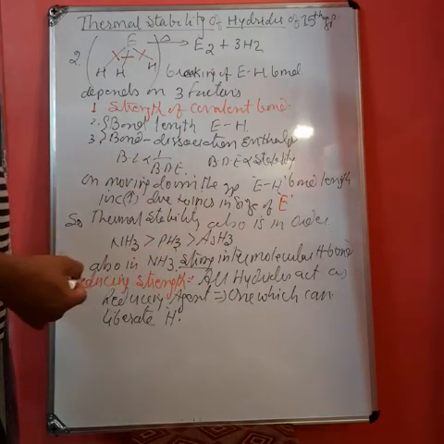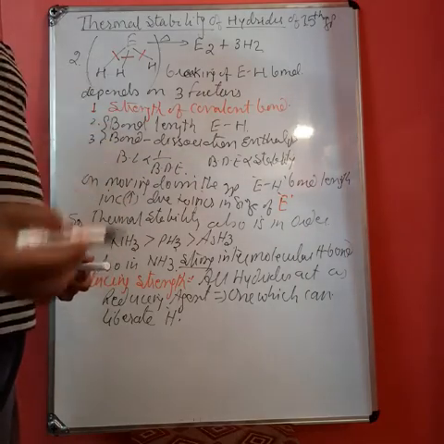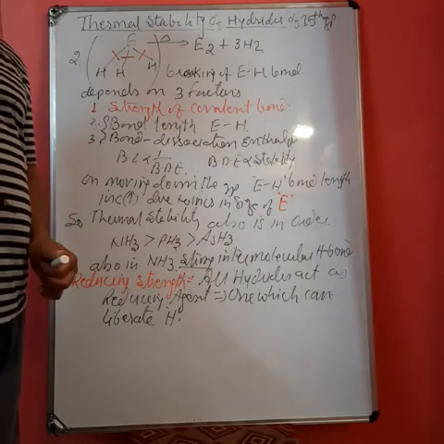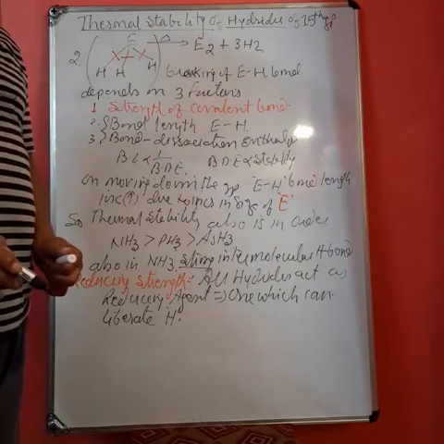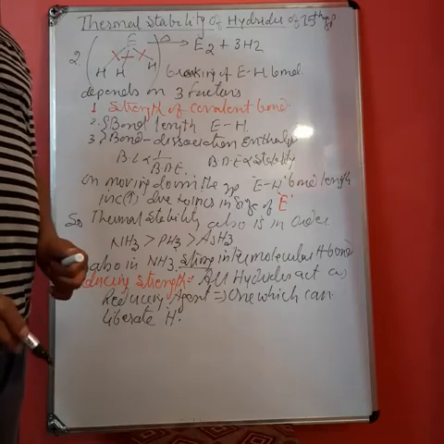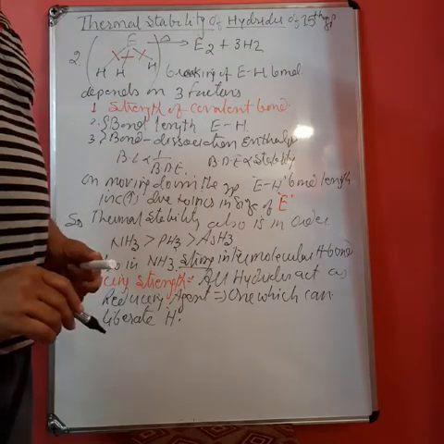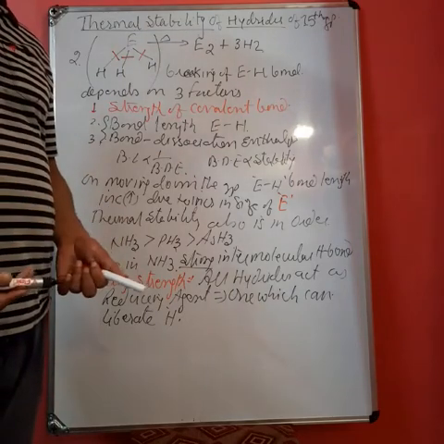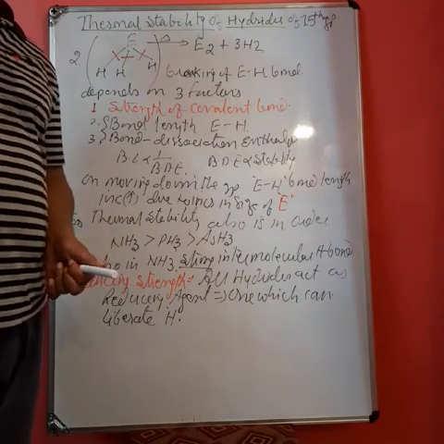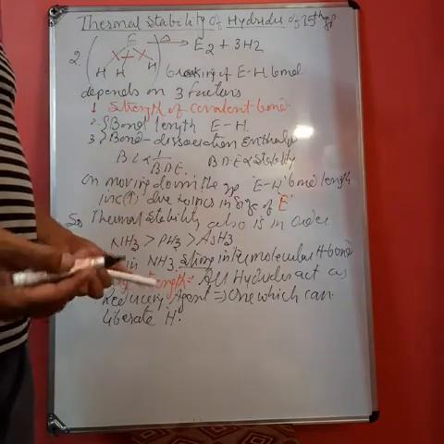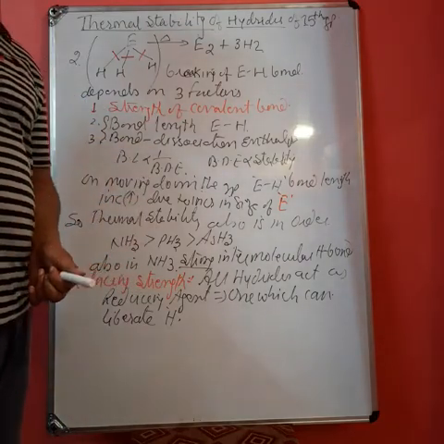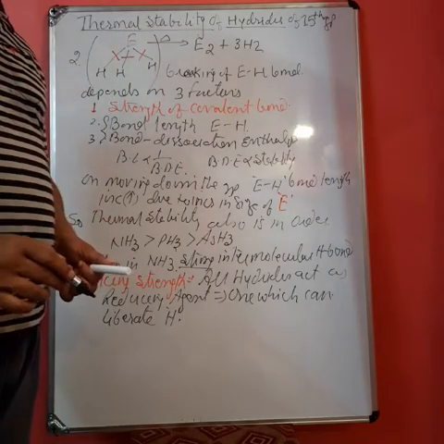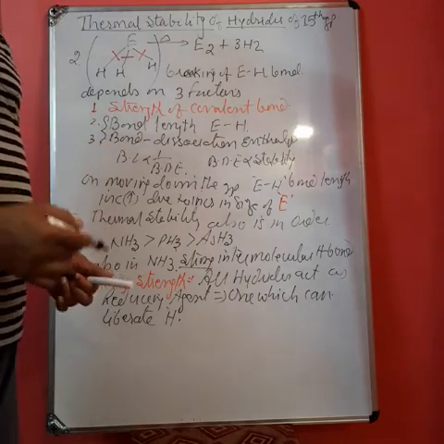In the case of ammonia, strong intermolecular hydrogen bonding is present. Second, the size of nitrogen is smaller, therefore the N-H bond dissociation enthalpy is higher, so ammonia is unable to easily liberate hydrogen. Thus, ammonia is the weakest reducing agent.